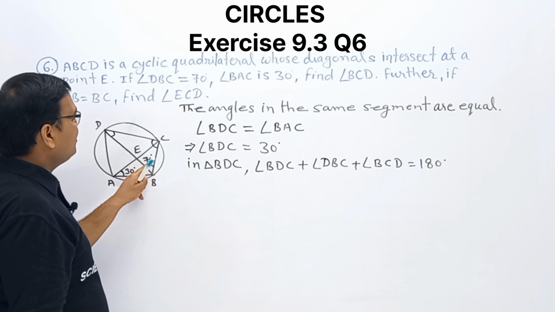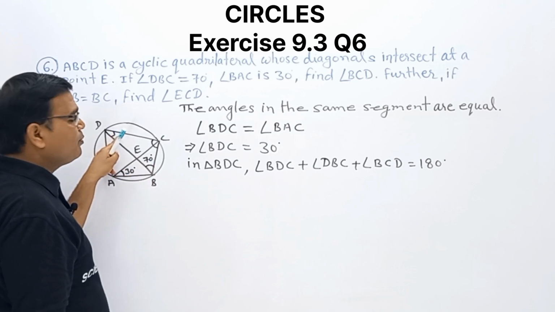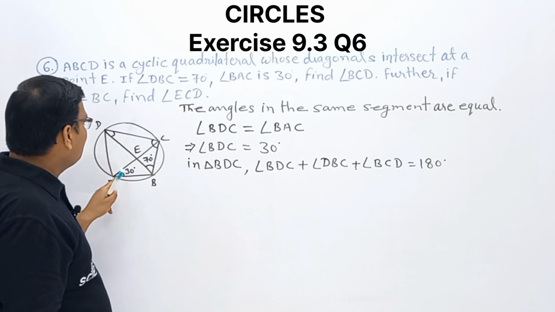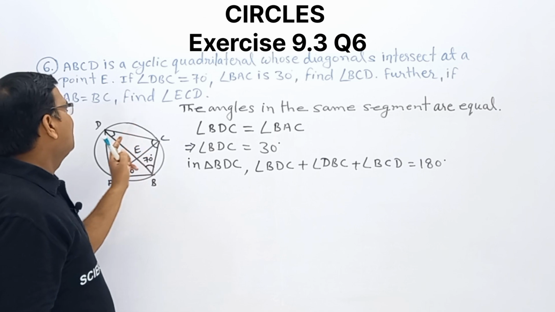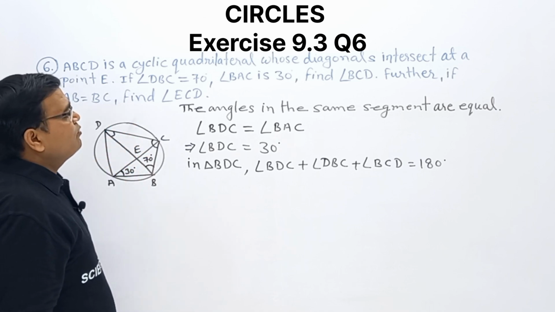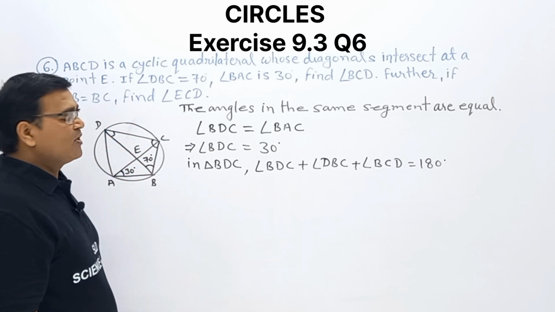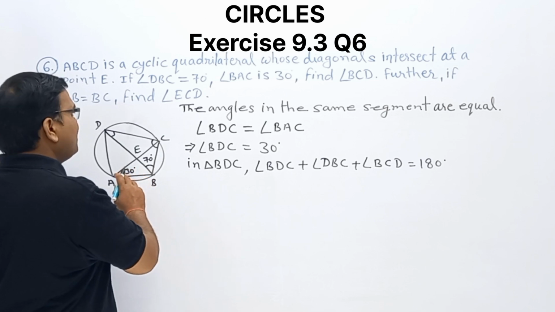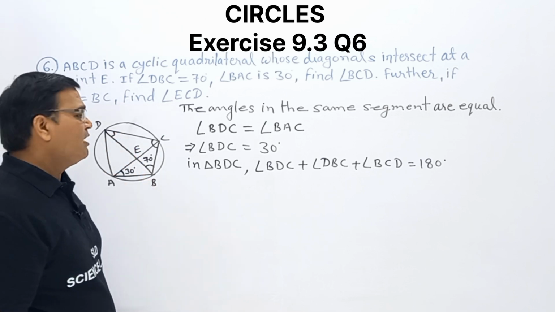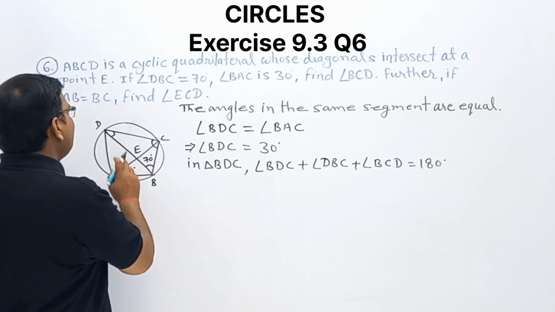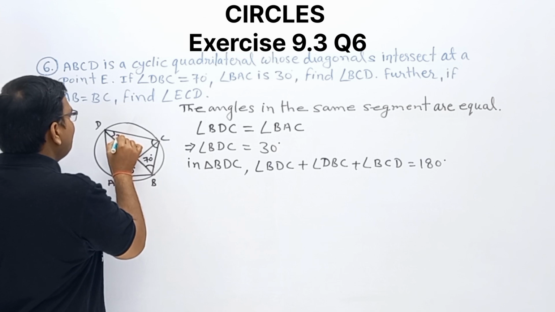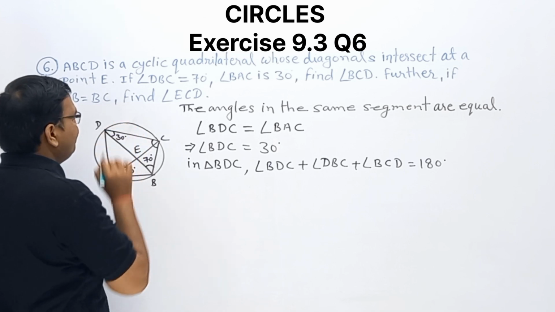This is given in the question, 70 degree. This we obtained, this one equals 30 degree. Why? Because these two angles are in the same segment. Clear? So the angles in the same segment are equal. So we can say this 30, it means this will be 30 degree.